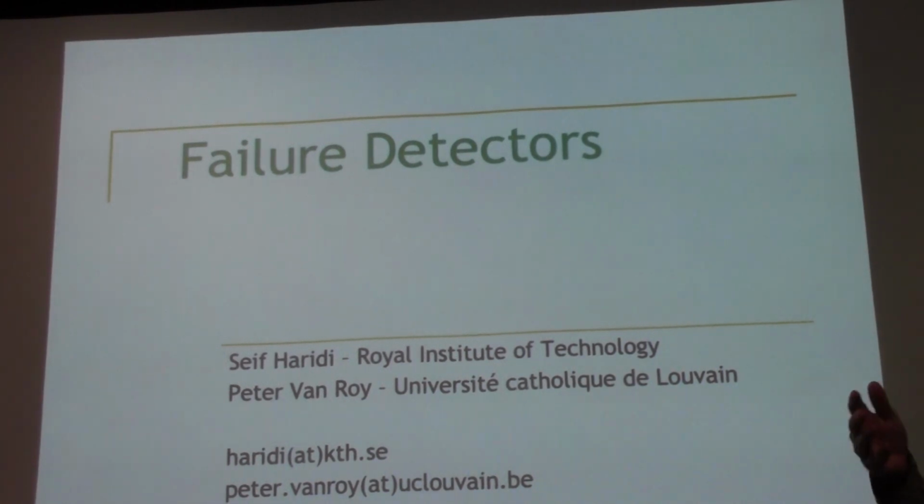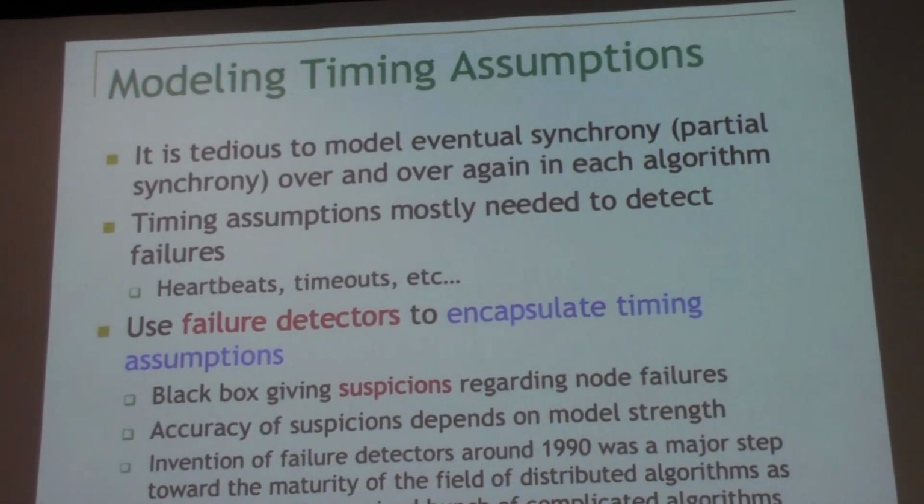Leslie Lamport invented the consensus algorithm on a partially synchronous system. That was around 1990. So that simplified things already. People started understanding that partially synchronous systems were a good idea. But it was still not enough. Algorithms were still a mess until the second concept was invented, which is failure detectors.